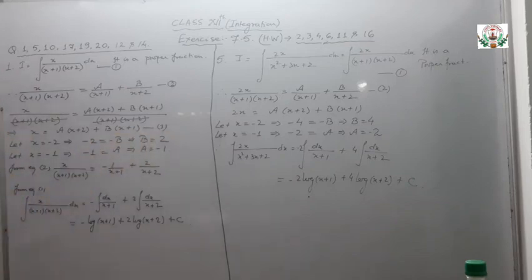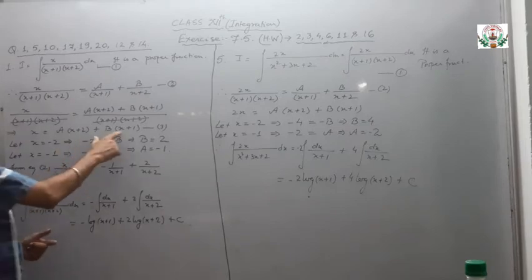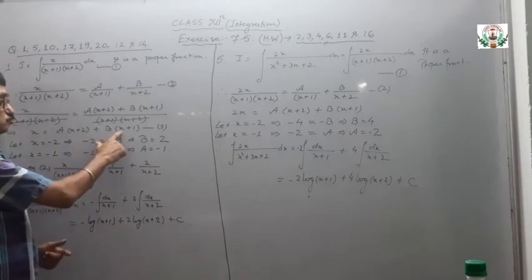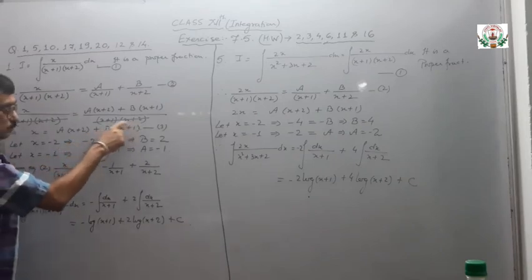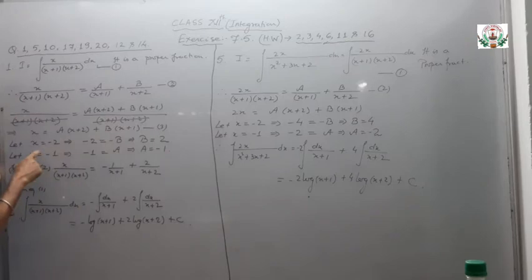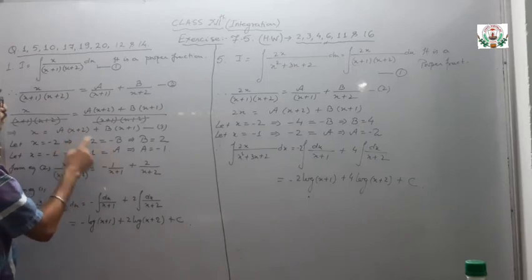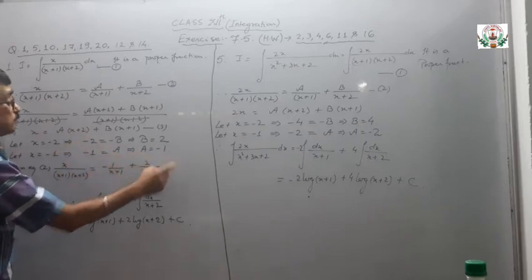One more linear factor is available here, x plus 1. Now I substitute x equals minus 1 in equation number 3. When I substitute x equals minus 1, the b term is eliminated and minus 1 plus 2 equals 1 into a, that is a equals minus 1.